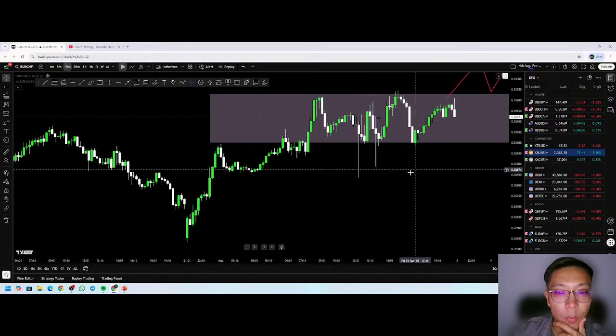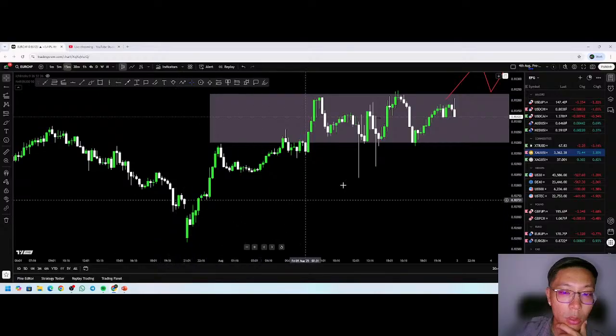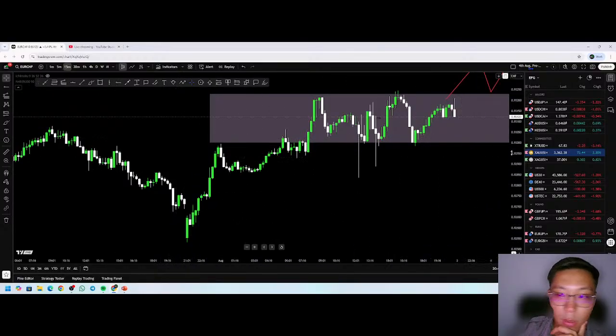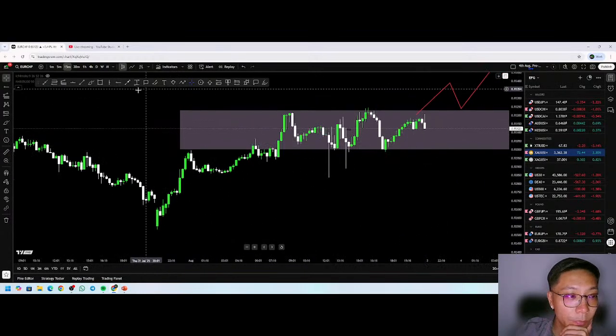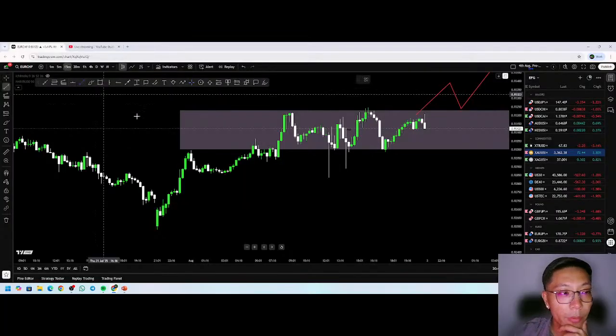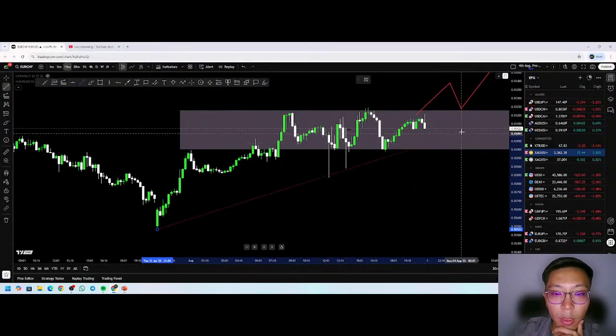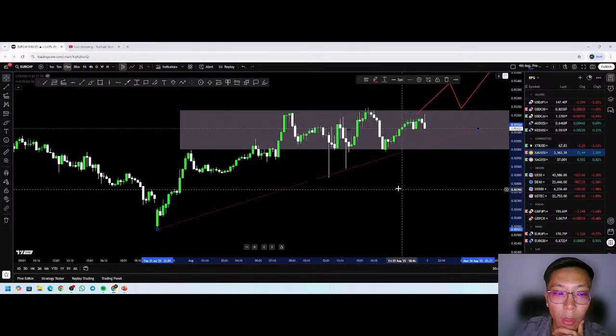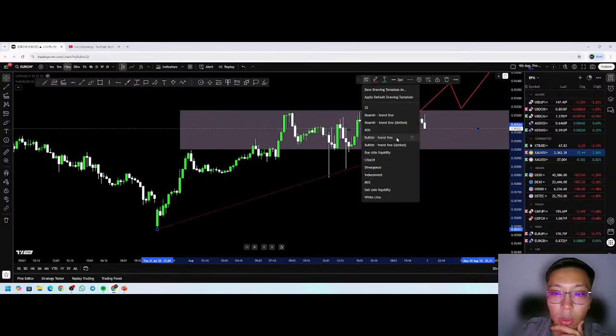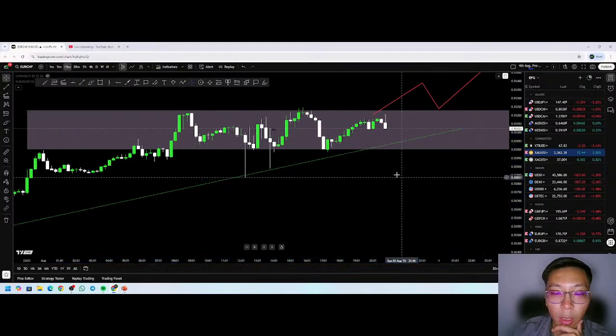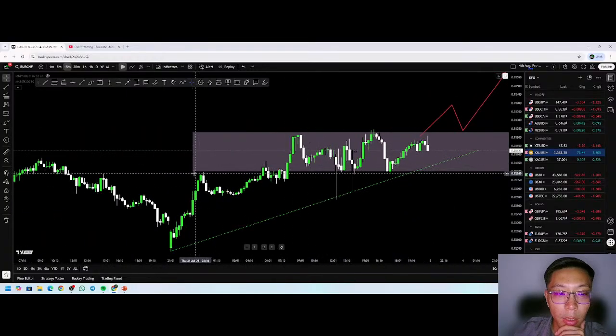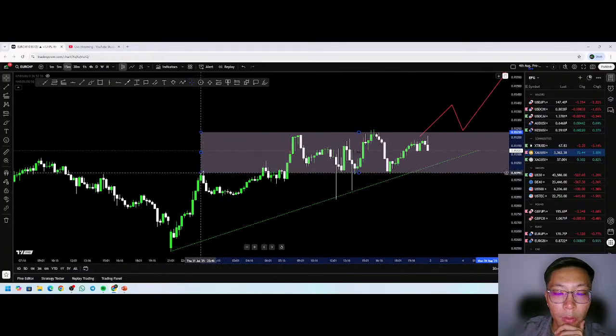Yeah, this pair is too messy. So Watson, I'll suggest to stay out of this pair. Okay, if you were to draw a trend line, pretty straightforward, bullish trend line, right? Aligns with your zone.